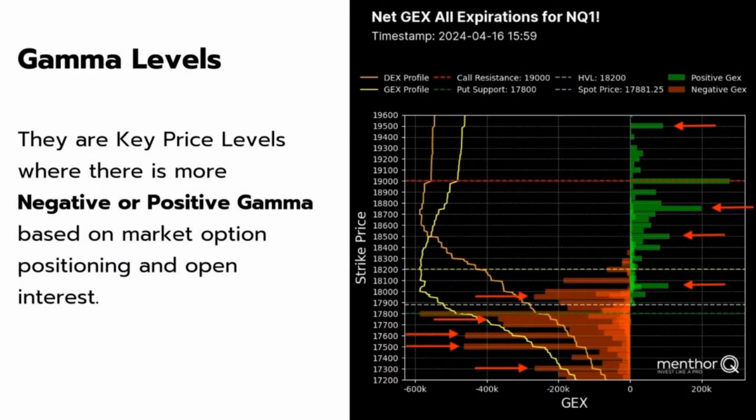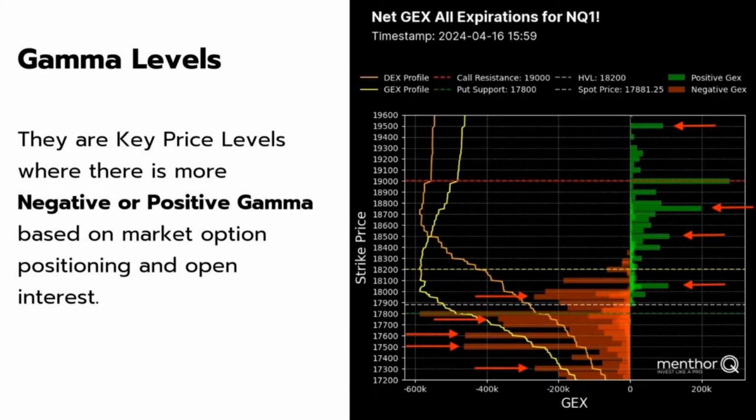So first of all, just a quick recap. Why are we talking about gamma levels? What are they? If you haven't followed the session yesterday, basically, gamma levels really are key price levels that are reaction zones where there is more negative and positive gamma based on market option positioning and open interest.